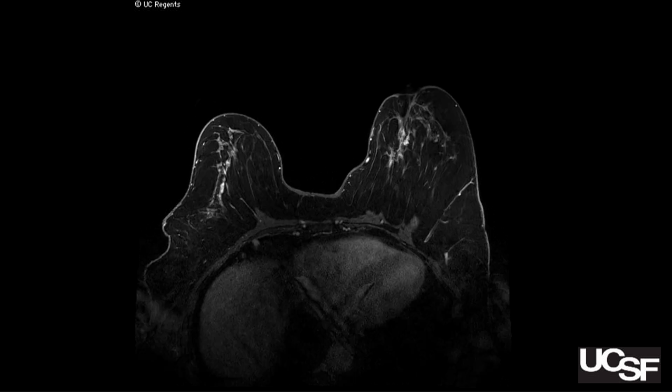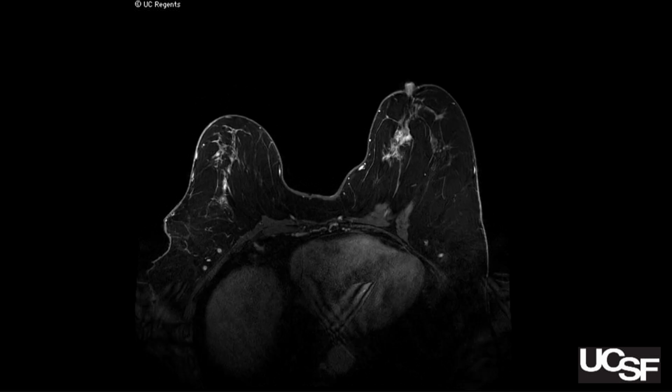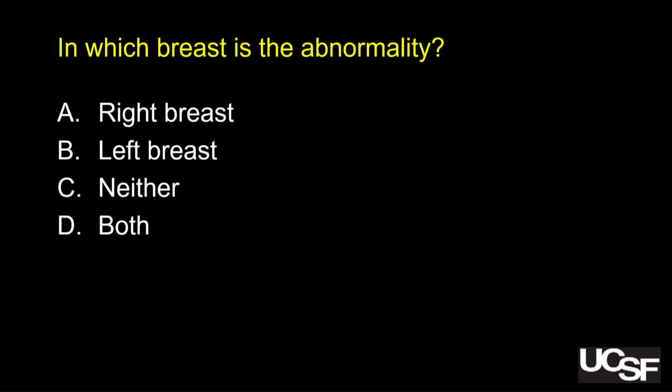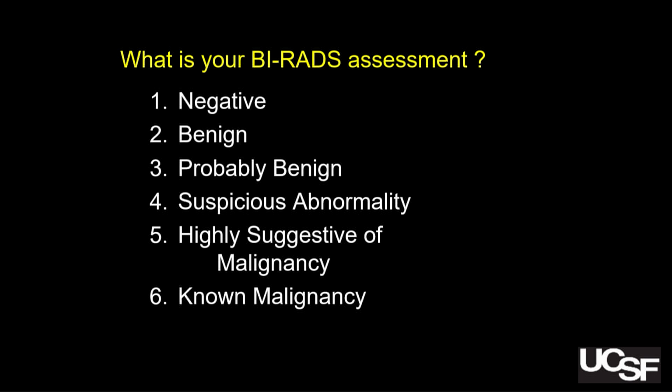So we'd message each other, hey, can I get a second opinion on such and such case? And sometimes you don't even tell them which side's abnormal, so you see if they all converge on the same thing. So that's the big question. And then the BI-RADS assessment, of course, will depend on whether you think one side is abnormal or not, if there's something in addition to the known malignancy.